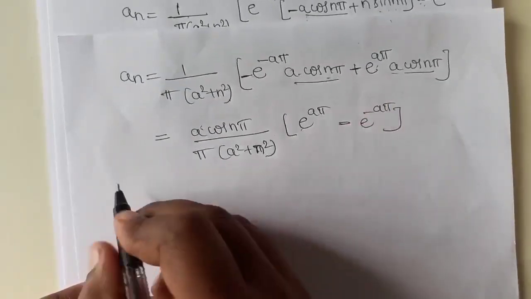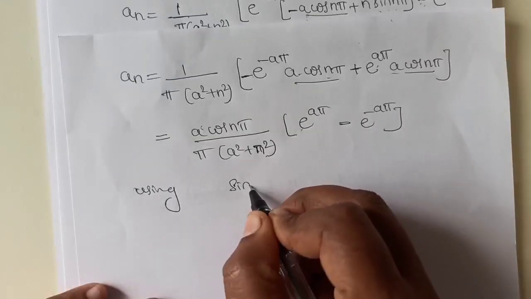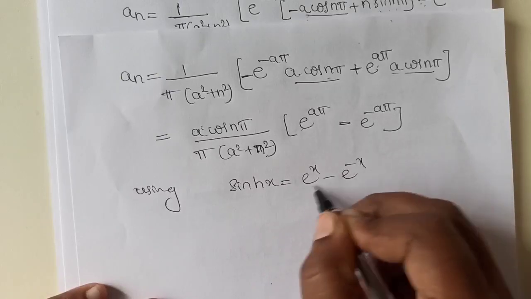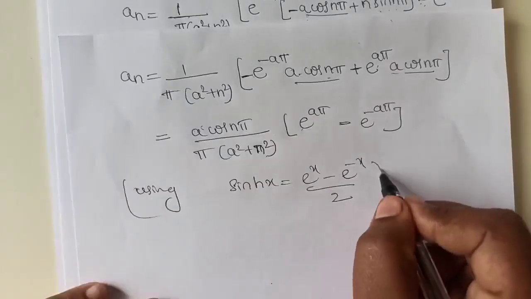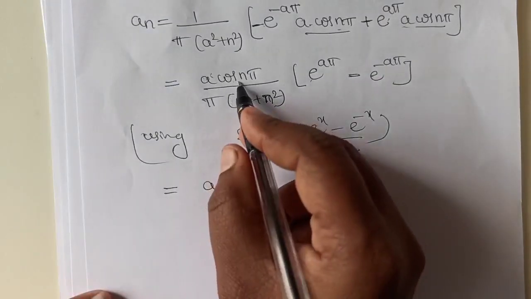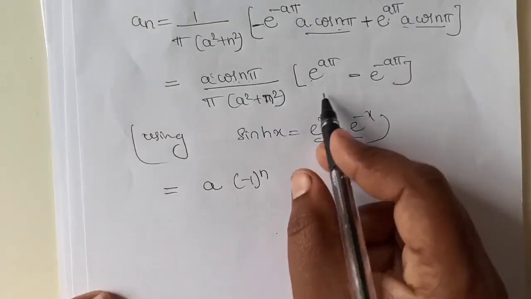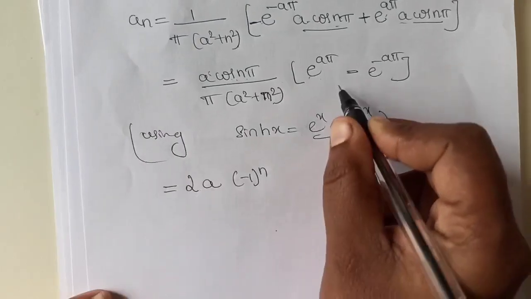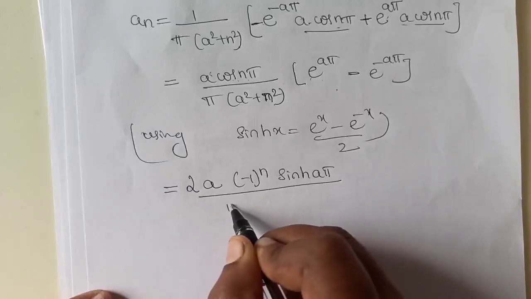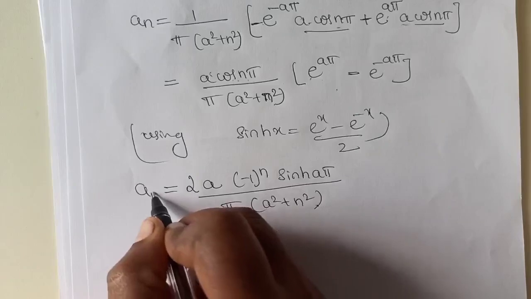Again using this formula, sinh x is equal to e raised to x minus e raised to minus x divided by 2, this can be written as a. We know that cos of n pi value is minus 1 raised to n. So this is 2 sinh a pi divided by pi times (a square plus n square). So this is the an value.